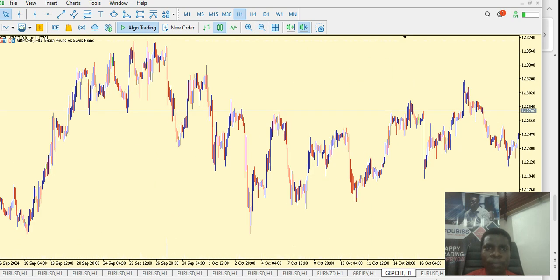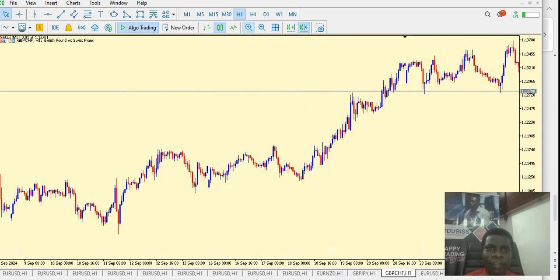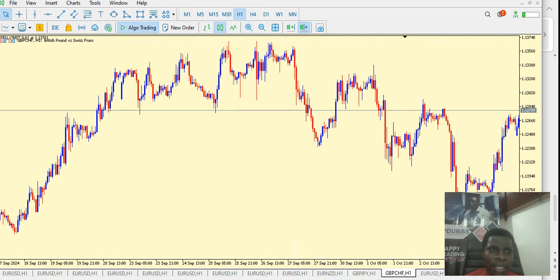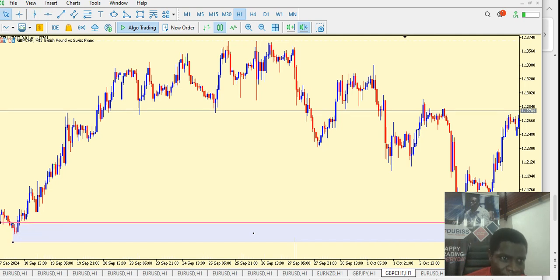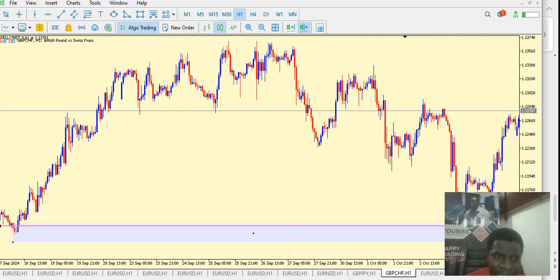So let's go. Now, if you look at this zone for me, just follow me. Look at this candle. You can see the last bearish candle that gave rise to this bull move.